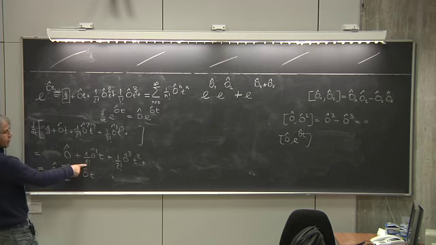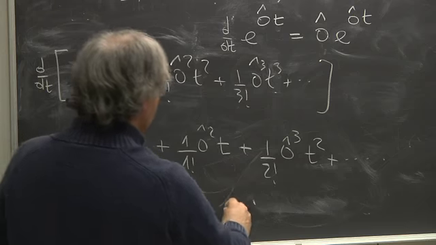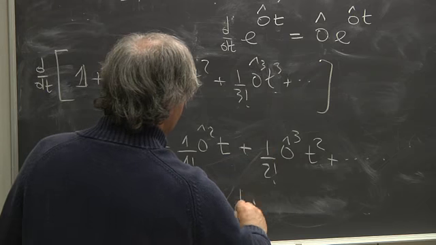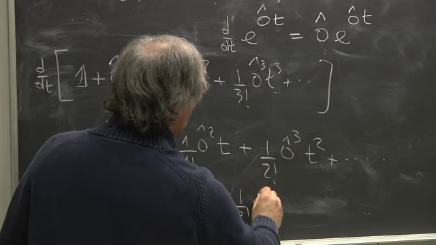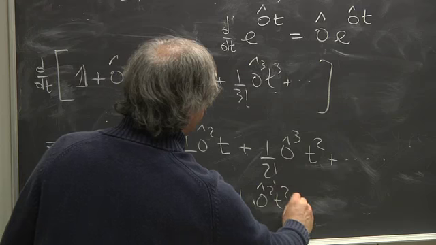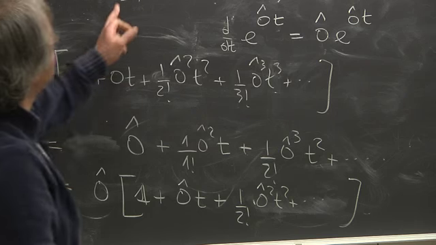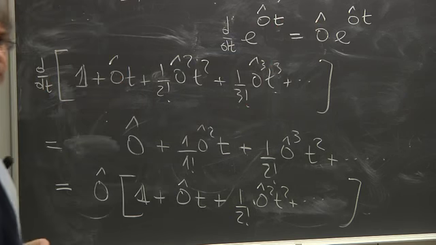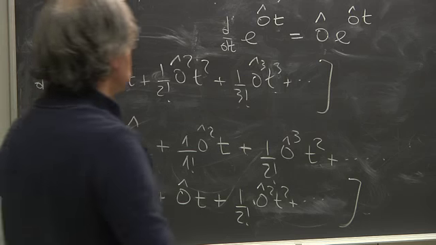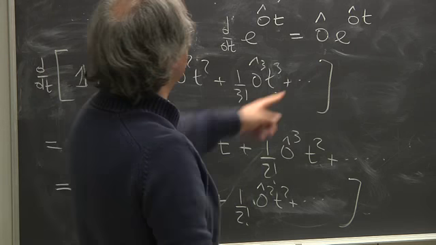You see that the factor in front is just 1. The second here is multiplying 1 over 2 factorial O square t square, plus you realize that this reconstructs exactly the exponential series you see here. Is this clear? Okay.